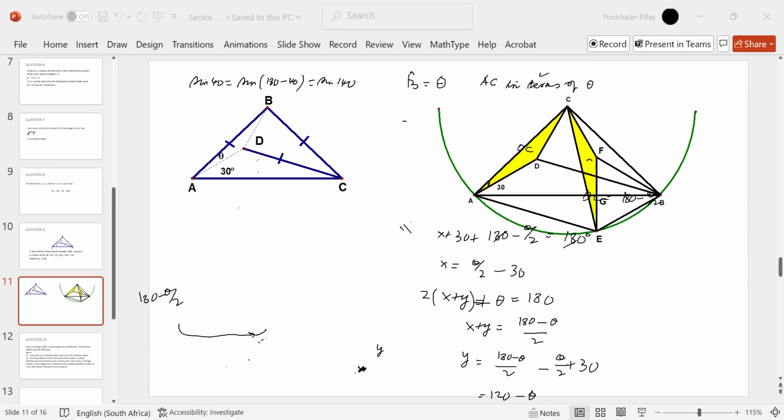So this angle here is actually 120 minus theta. Right? So I can replace that angle by 120 minus theta. You don't ever see problems like this in school.